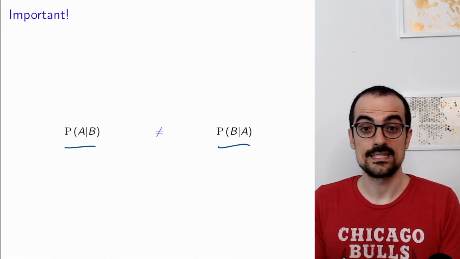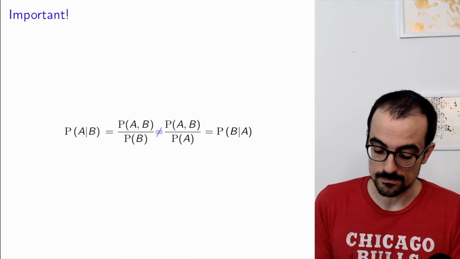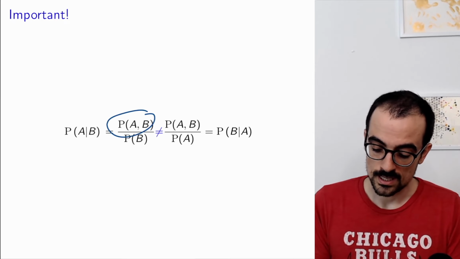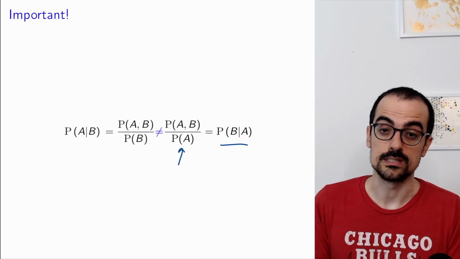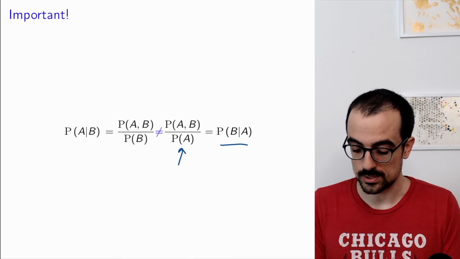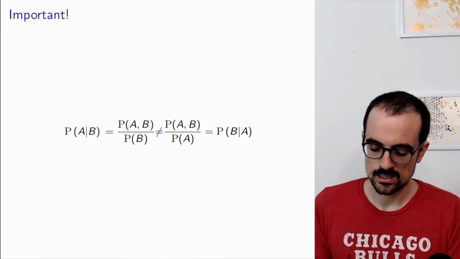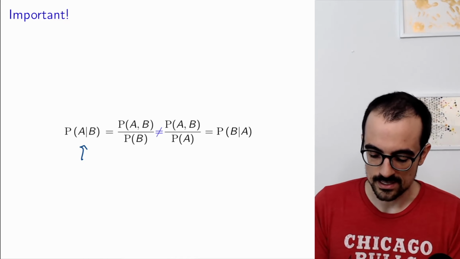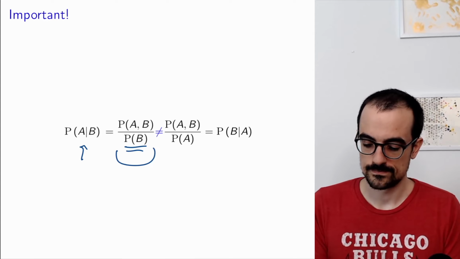So why is that? Well, if you go to the definition, the probability of A given B is equal to the probability of the intersection divided by the probability of B. And the probability of B given A is the same, but we divide by the probability of A. So in our example where A is owning a basketball and B is playing in the NBA, when we look at this conditional probability, owning a basketball if you play in the NBA, because this is very small, this is very big, okay?